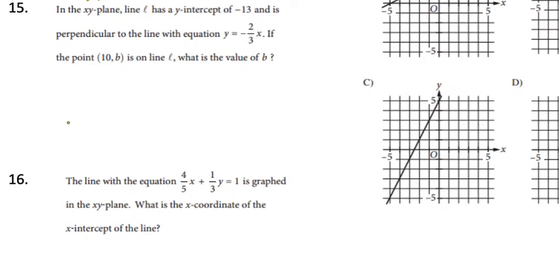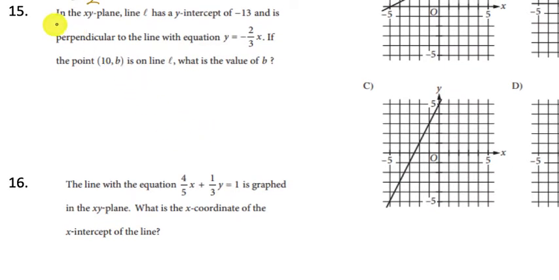15. In the xy plane, line L has a y-intercept of negative 13 and is perpendicular to the line with equation y equals negative 2 over 3x. If the point 10, comma b is on the line, what is the value of b? So first we're constructing a y equals mx plus b equation.